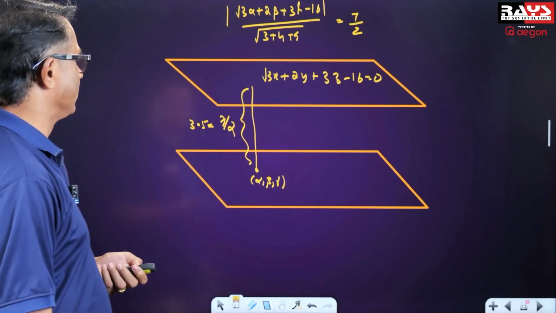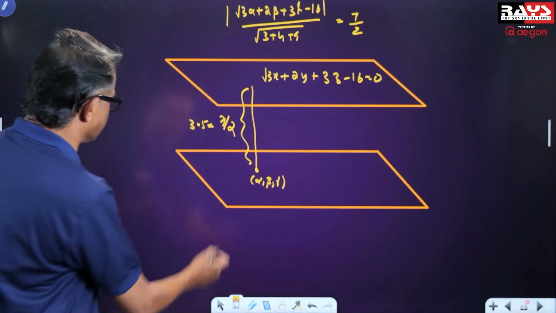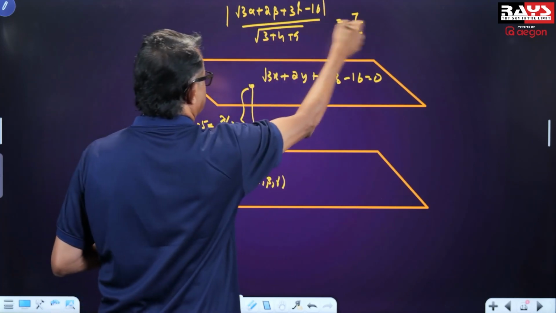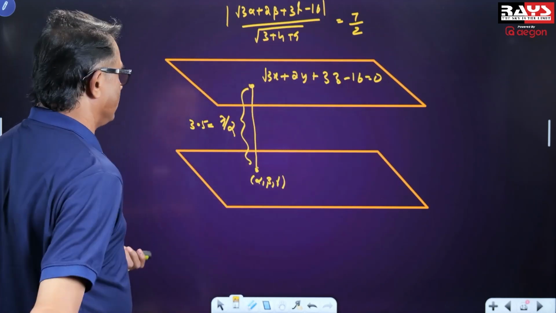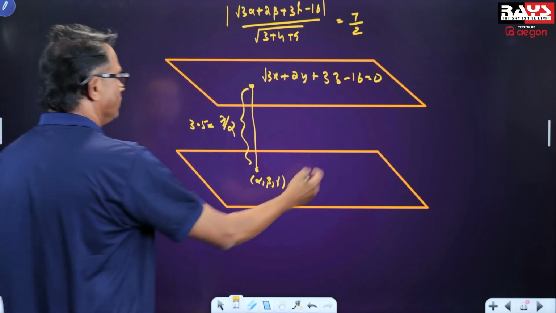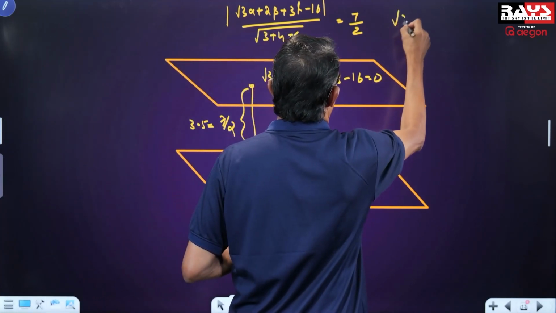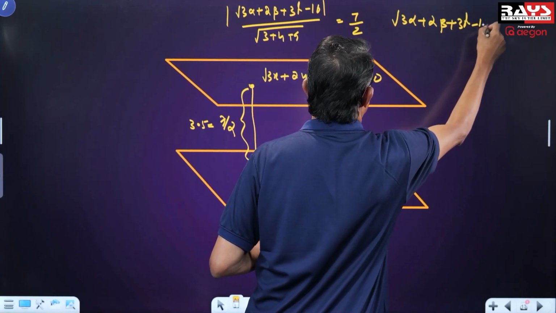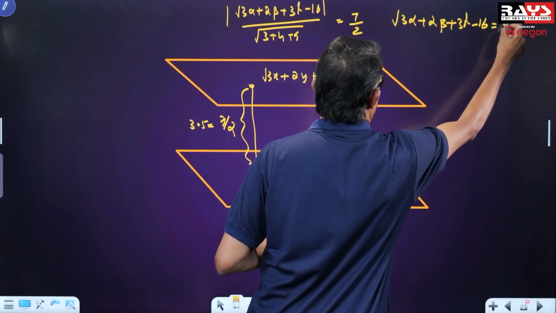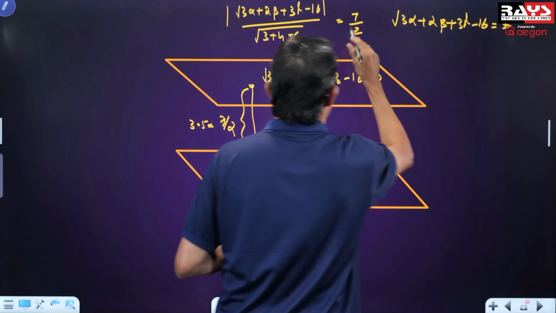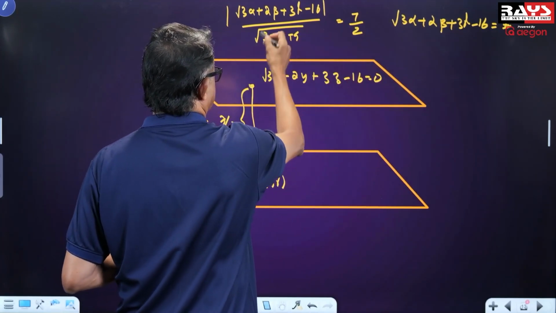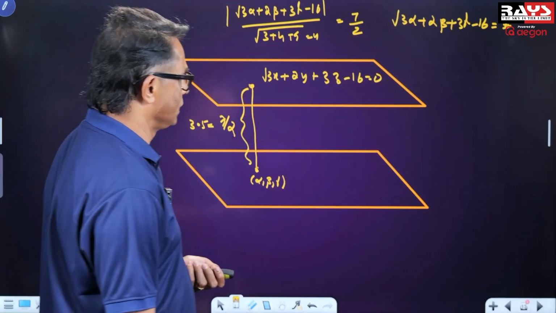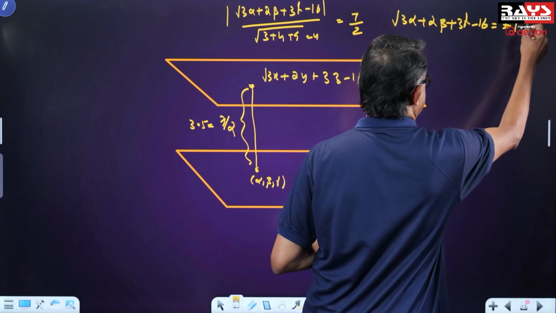The distance of this point from this plane is given to be 7 by 2. There is a modulus, so when you remove the modulus, you get plus or minus. So root 3 alpha plus 2 beta plus 3 gamma minus 16 is equal to plus or minus 7 by 2 into 4, that is 28 by 2, which is plus or minus 14.